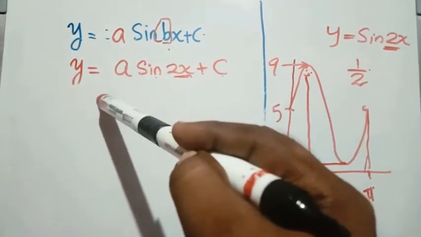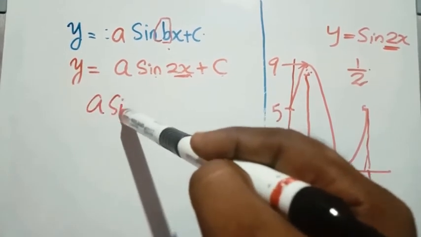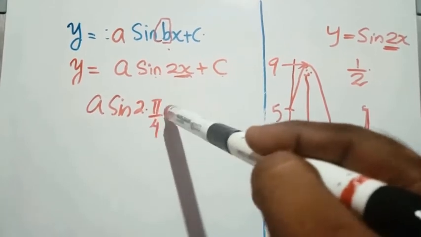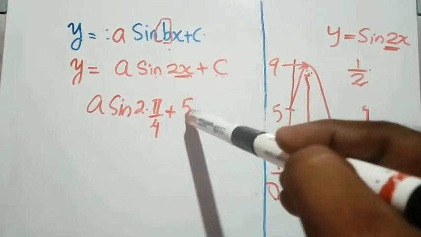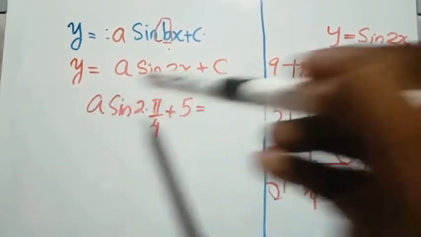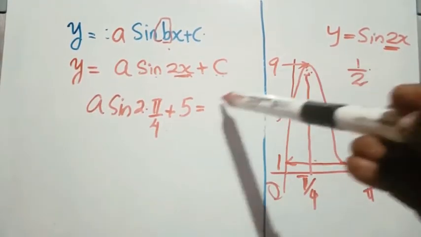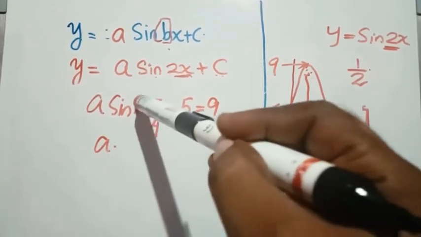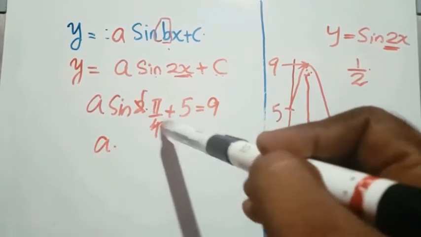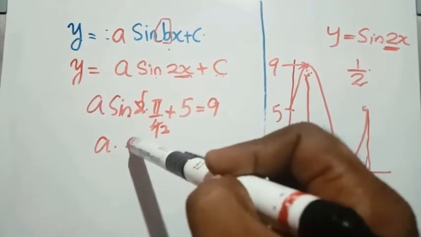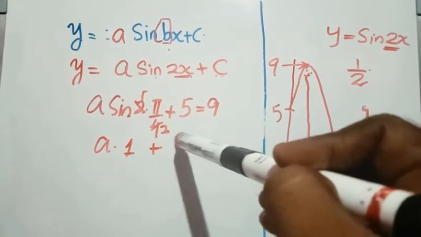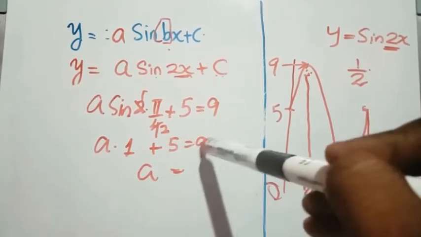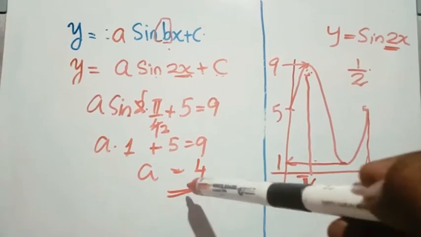We get a sin(2 times pi by 4) plus c, which we got already as 5, is equal to y. Pi by 4 gives the value for y as 9. That is a into sin(pi by 2). sin(pi by 2) is 1, sin 90, plus 5 is equal to 9, or a is equal to 9 minus 5, which is 4 as answer.